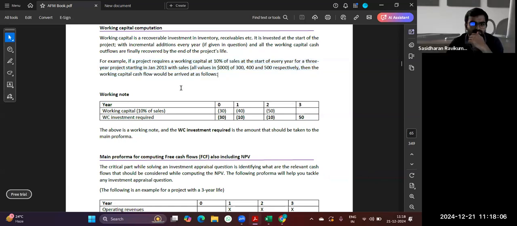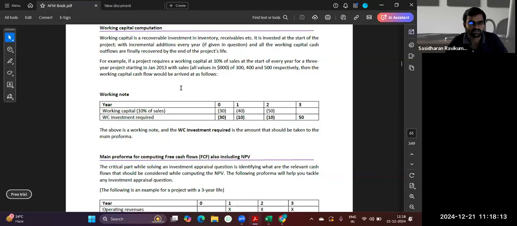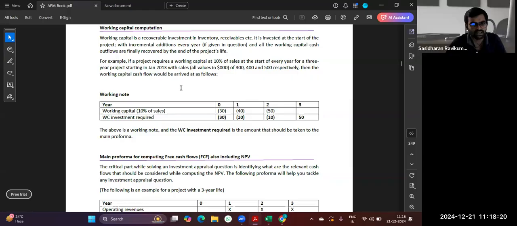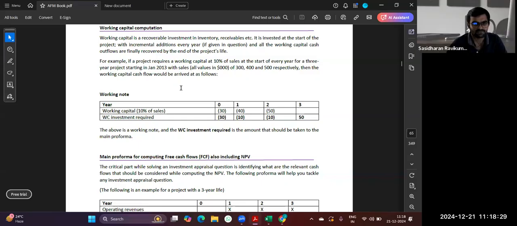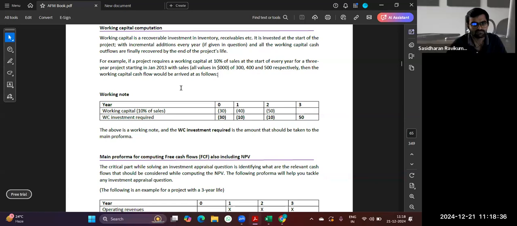Now look at this. What does the question say? Working capital is required, 10% of sales. The sales would be 3 lakh, 4 lakh, and 5 lakh for 3 years. First year sale is how much? 3 lakh. That means how much working capital will I need? 30,000.